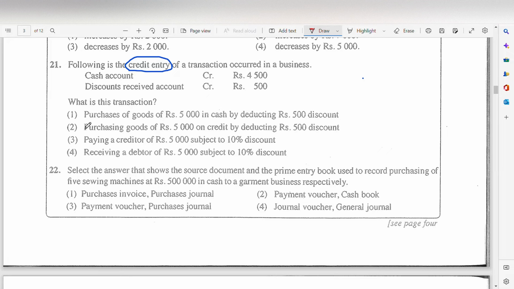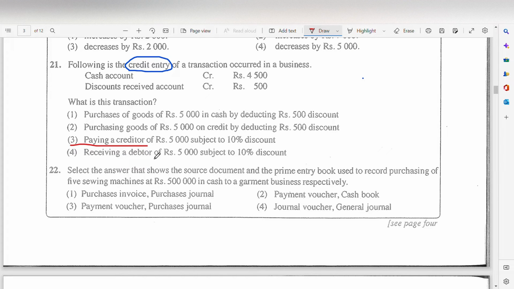So third answer seems to be the correct one. But let's go through the fourth one as well. Receiving from a debtor rupees 5,000 subject to a 10% discount. If you're receiving a debtor payment of rupees 5,000, your cash account should be debited. But here it's a credit entry to the cash account. So the correct answer is answer 3.